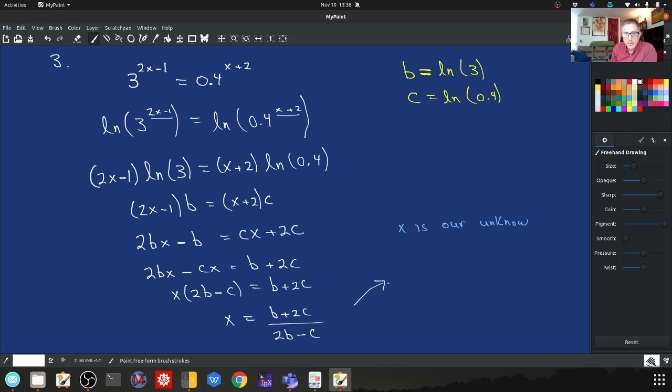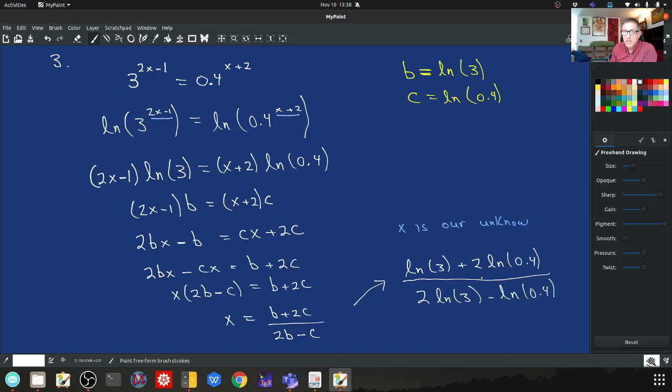And here, I will go back up to the original now and replace b with log 3 plus 2 times the log of 0.4 over 2 times log 3 minus the log of 0.4.